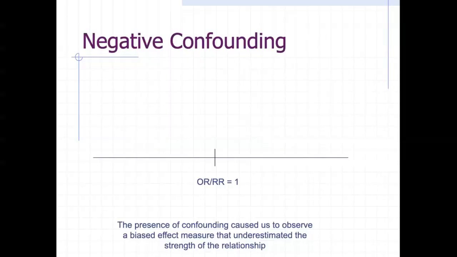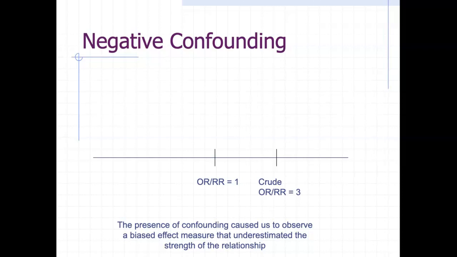Let's draw this out to visually show what we mean by positive and negative confounding. Let's say our null hypothesis is right here. Our measure of association, regardless of whether it's a relative risk or an odds ratio, is 1, meaning there's no association between our variables. Let's say I calculate my crude measure of association and I get 3.